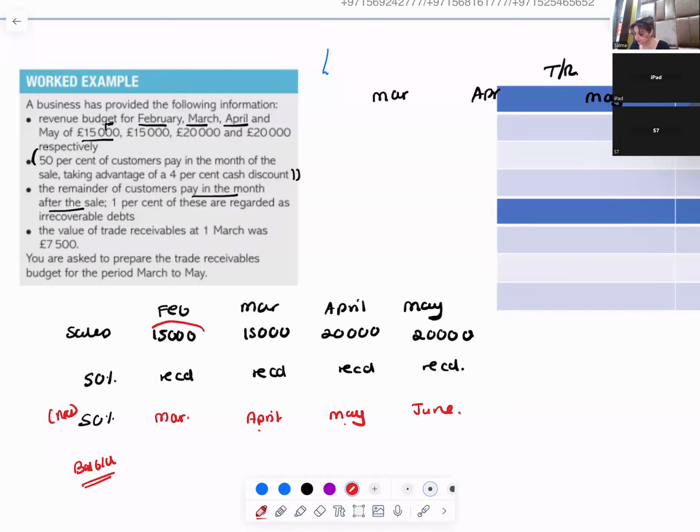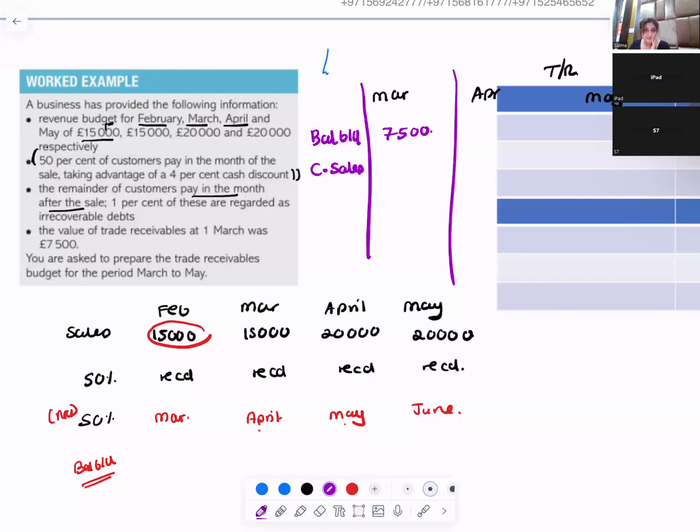We can also find it from 50% of the revenue of Feb, which is 7,500. Then in the month of March, they again have a sale of 15,000. 50% of the customers pay upfront in cash and the other 50% pay on credit, so the credit sales for March will be 7,500.